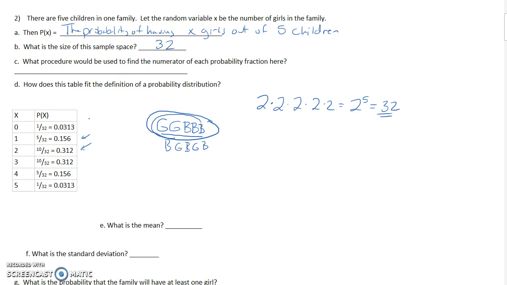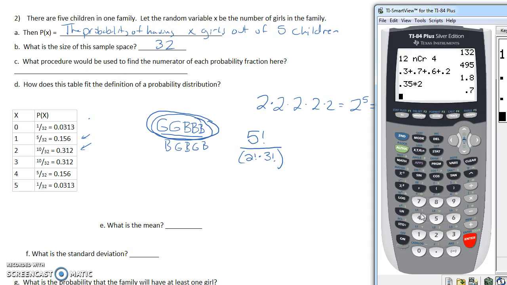So let's think about this. How many kids are we having? How many letters do we have right here? There are 5 letters, so we use 5 factorial. But then we need to divide by, open some parentheses, there are repeats here. How many girls are there? There are 2 girls times how many boys are there? There are 3 boys. So this is how we find out how many arrangements of that are possible.